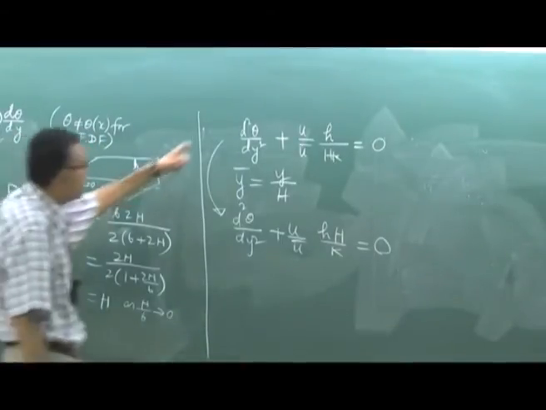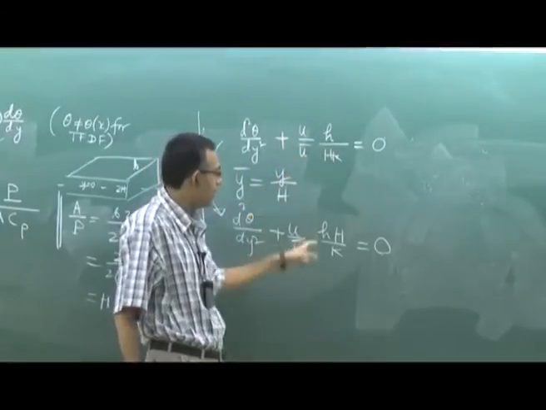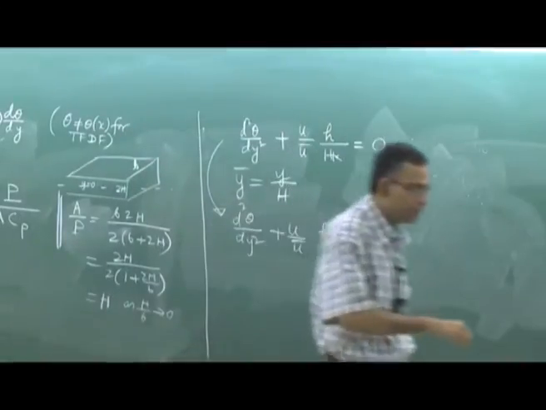So there will be a 1 by h square here, that h square coming here will make it h by k.